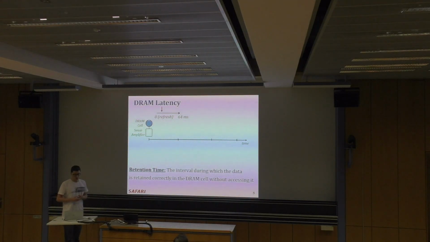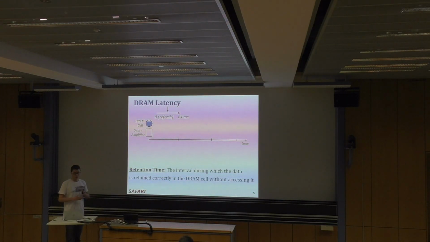Typically, a DRAM specification forces DRAM manufacturers to implement DRAMs such that their cells will retain data for at least 64 milliseconds. This is why the memory controller has to refresh a DRAM device, all the cells in the DRAM device, at least every 64 milliseconds.